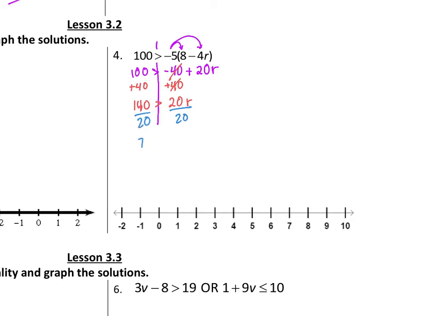That will leave me with 7 is greater than r, but remember, before you graph this, you want to reverse that. So r is less than 7. So don't forget to do that, otherwise your graph will be inaccurate. Put an open circle here at 7 because there's no equal sign, and r is less than, so we shade below.